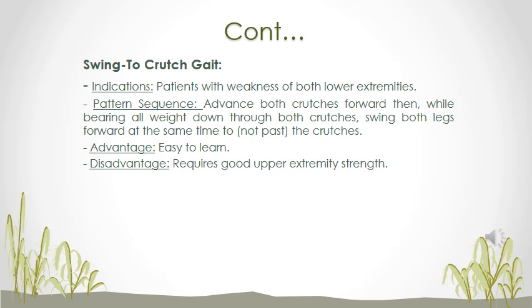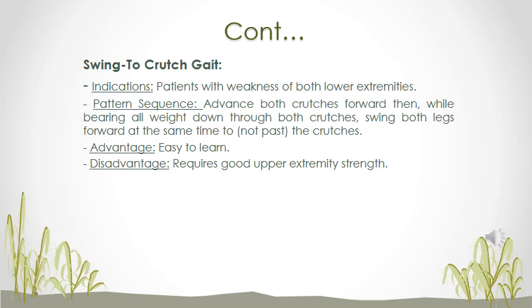The final gait pattern is the swing to crutch gait. Indication for this is for patients with weakness in both lower extremities. The pattern is as follows. Advance both crutches forward.